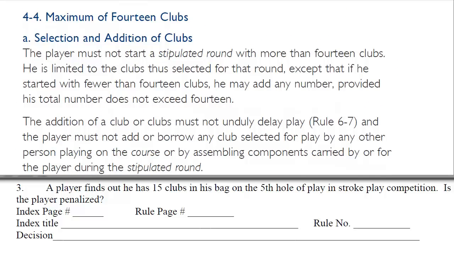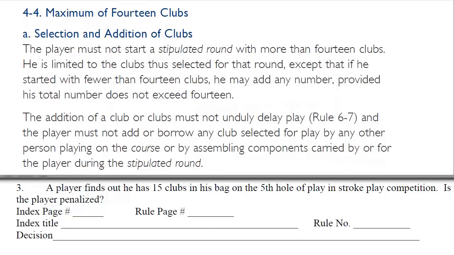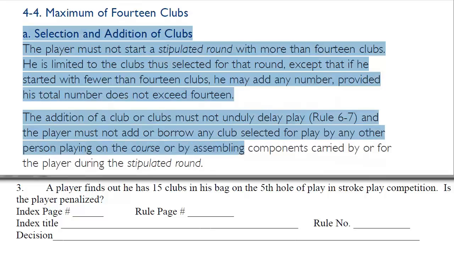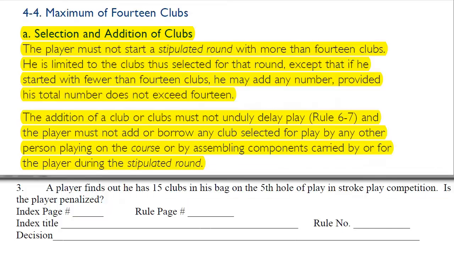Okay, 4-4A. This is it. Maximum 14 clubs. So we're going to read through all this right here. A player must not start a stipulated round with more than 14 clubs. He is limited to the clubs thus selected for that round, except that if he started with fewer than 14 clubs, he may add any number, provided that his total does not exceed 14.